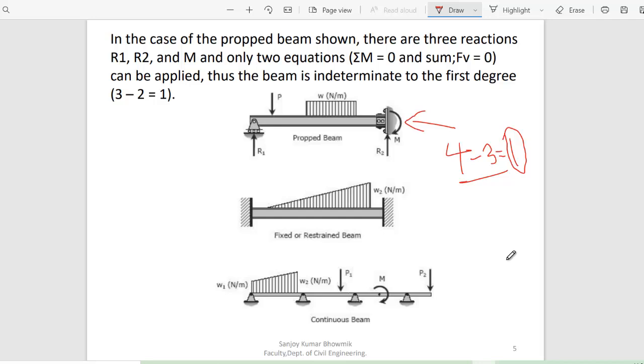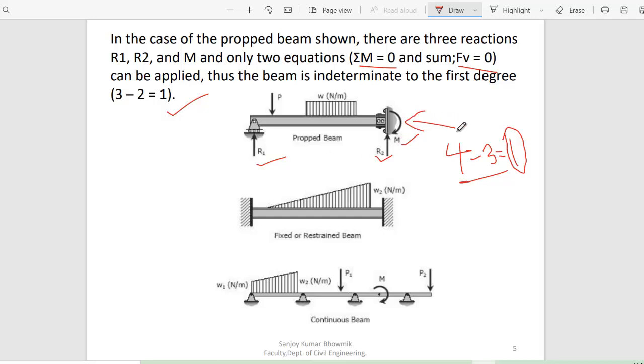Do you understand? Or in another way, you can say it like this. In the case of the propped beam shown, there are 3 reactions, R1, R2 and M. So only 2 equations, summation of M naught and summation of FV, can be applied.